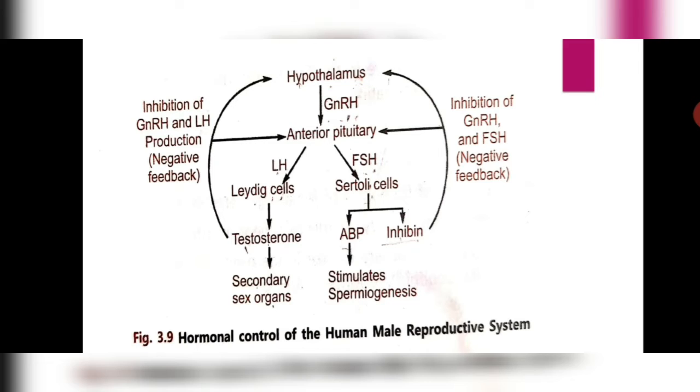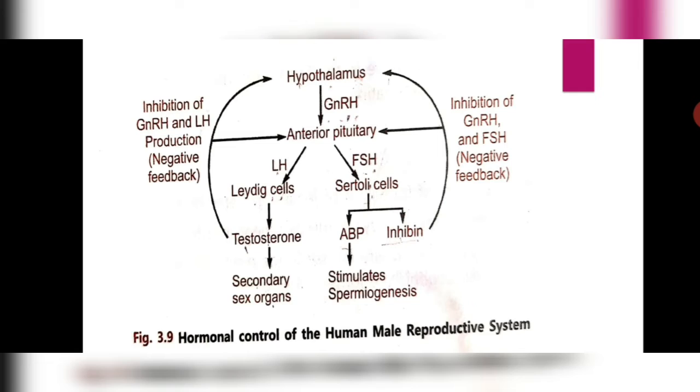The follicle stimulating hormone directly acts on the Sertoli cells and stimulates the process of spermiogenesis and also produces another hormone called inhibin. This inhibin is responsible for the negative feedback. It controls its own secretion. Whenever excess of spermatogenesis occurs, inhibin will go and stop its own production.